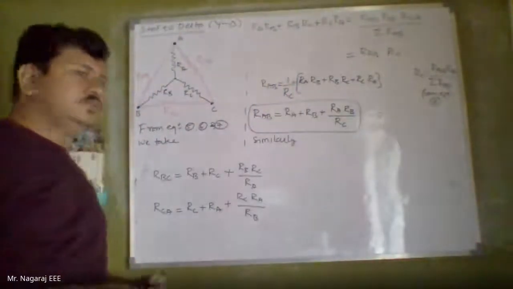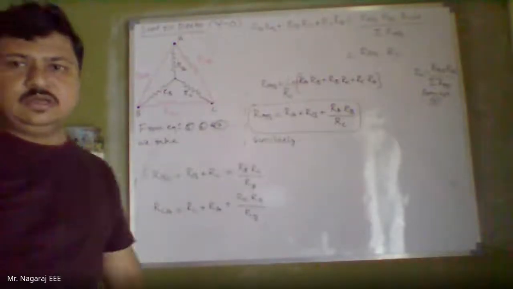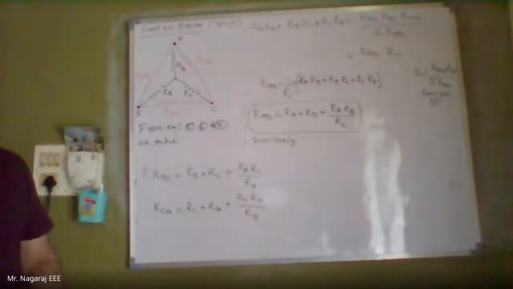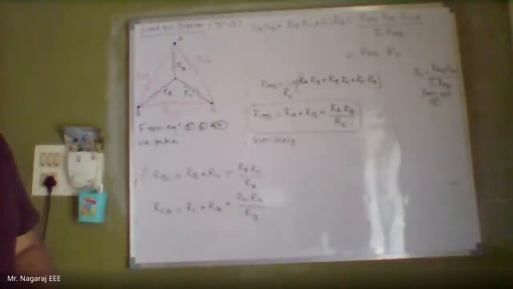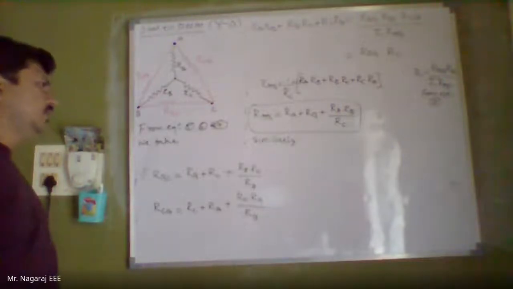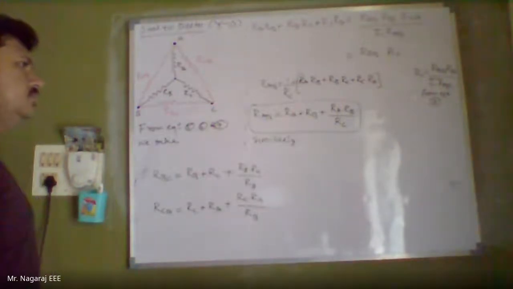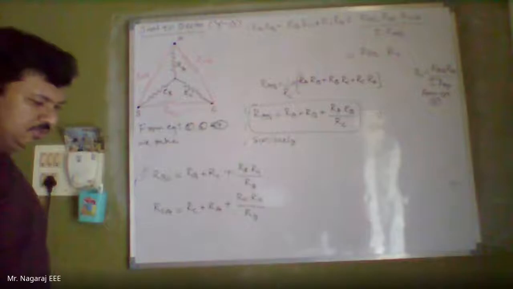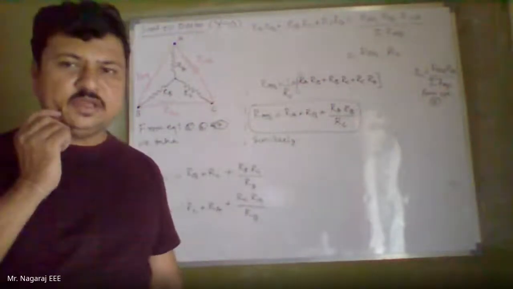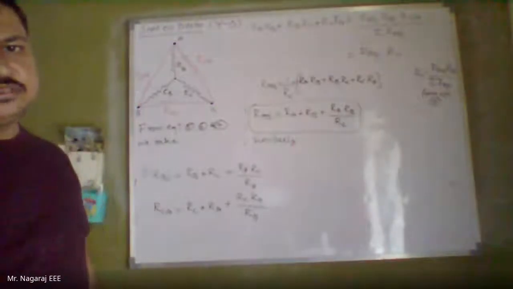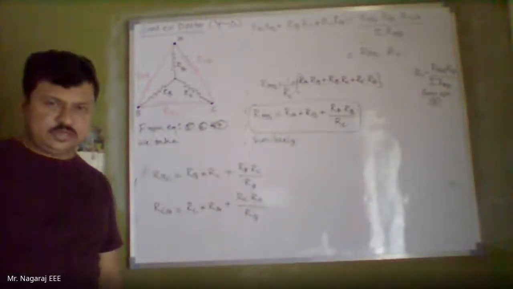Okay. So this is how I obtain the star-delta equivalent resistances in the electric network. This is all about the theoretical aspects of source transformation, source shifting, and resistance transformation from delta to star and star to delta.